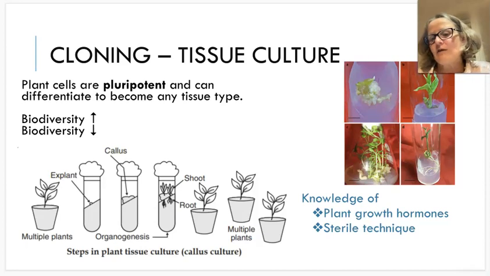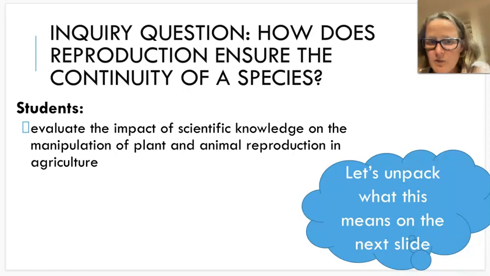And here we're going to need to have a knowledge of plant growth hormones as well as sterile techniques so that you don't create infections in these very vulnerable cells, especially at the beginning of their life cycle. So lots of different ways that we could attack this first question of evaluating the impact of scientific knowledge on the manipulation of plant and animal reproduction in agriculture.